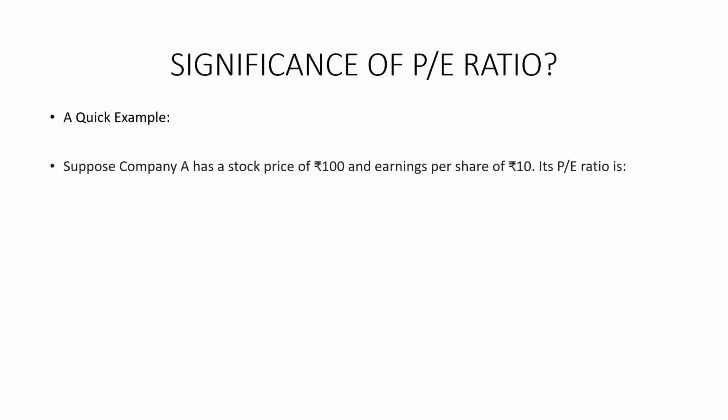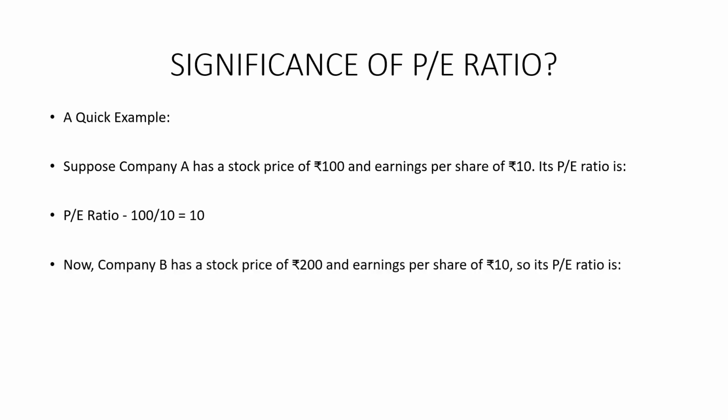Now, a quick example. Suppose a company has a stock price of 100 rupees and the earnings per share is 10 rupees. Its PE ratio is 100 divided by 10. We saw this in the previous module, right? So its PE ratio is 10. Now company B has a stock price of 200 rupees and its earnings per share is also 10 rupees.